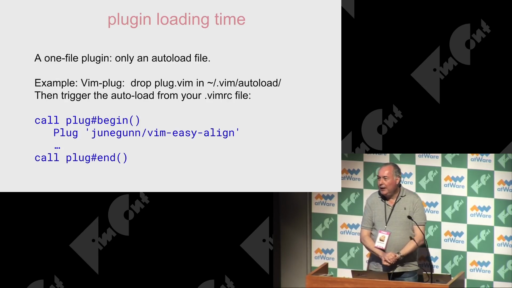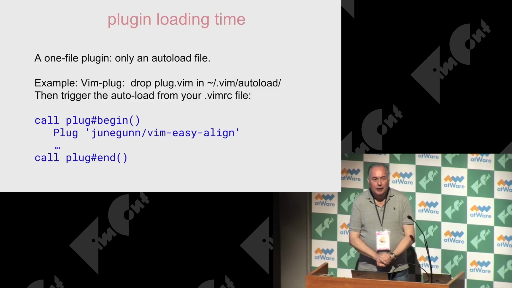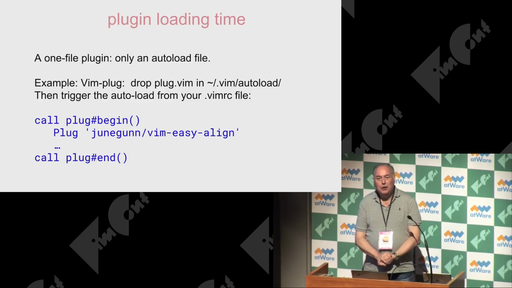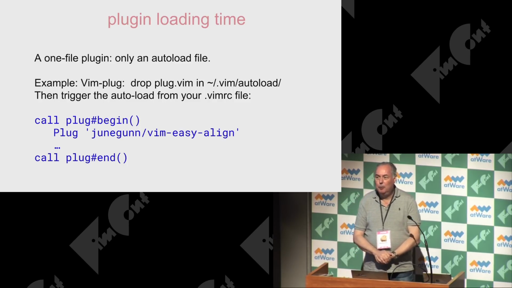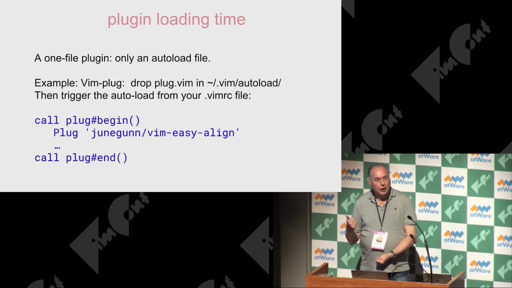There's even one trick that I found people are using, is that if you want a plugin to be just one file, that you can just get from the internet and drop in the auto-load directory, that actually works. So the Vim plugin manager has this mechanism where you just get that one file and you trigger it by calling a function.